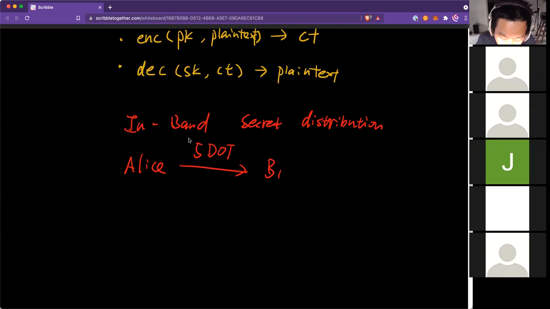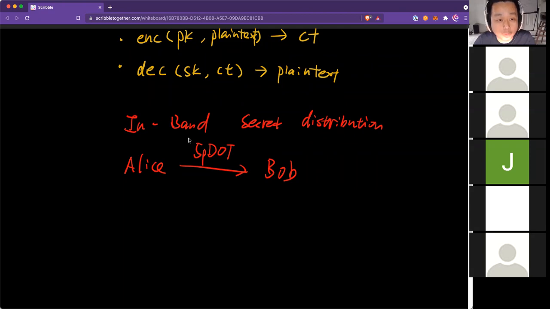So she sends the transaction. Because we're protecting people's privacy, nothing is leaked. Because nothing is leaked, Alice needs a way to communicate to Bob that, hey, I sent you this 5 P dot.